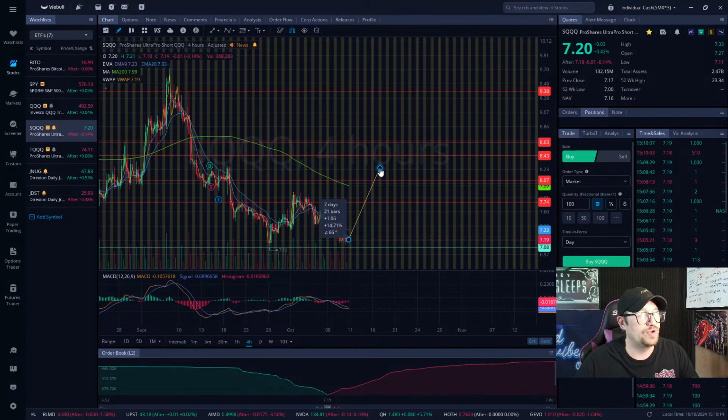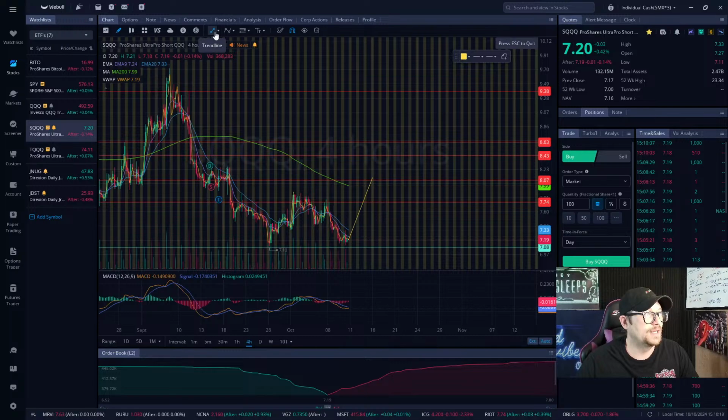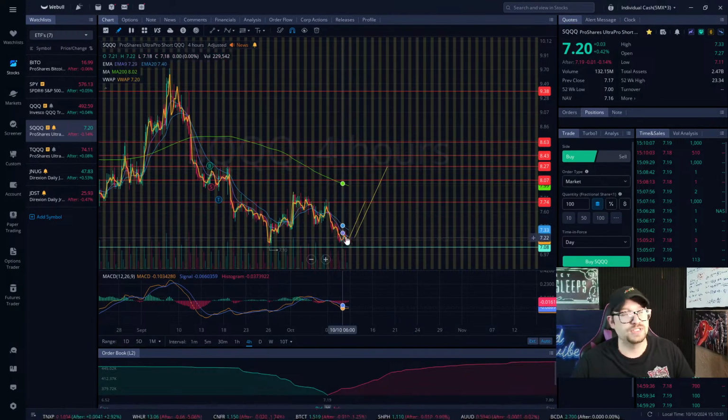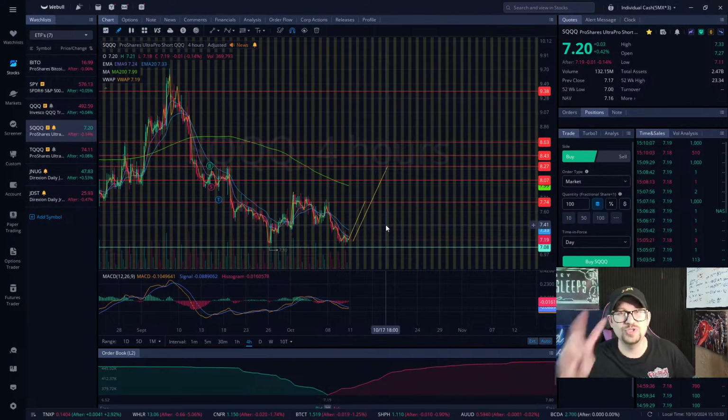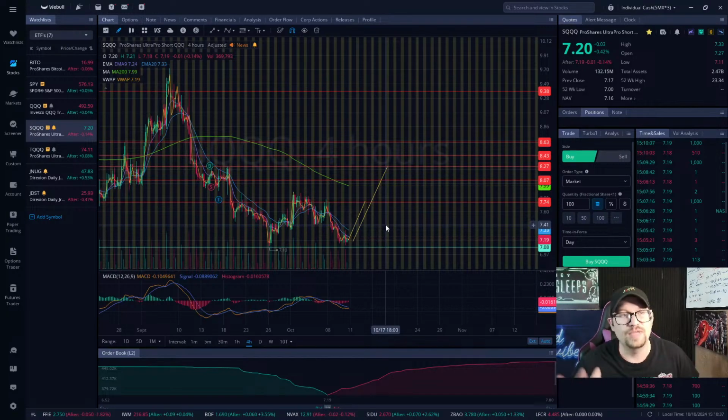So whether it be 7% or even as high as 14%, I'm very curious to see what happens in the market this week. And these are just 2 companies that we're looking at, 2 stocks or ETFs that you can trade.